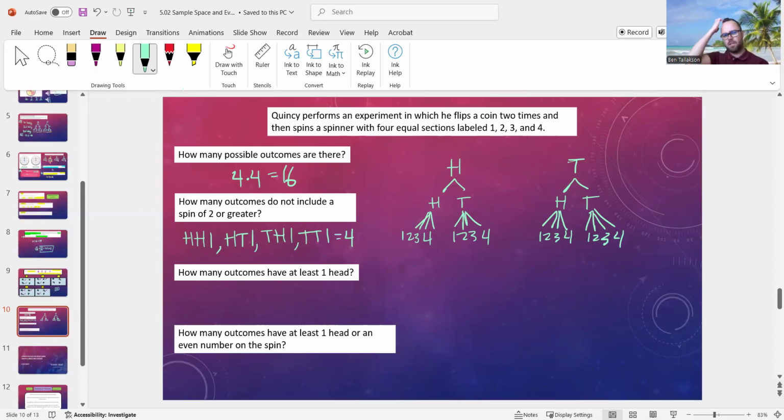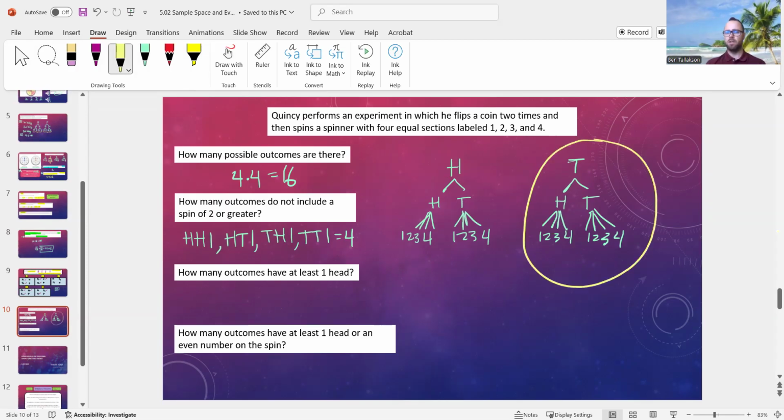How many outcomes have at least one head? I would say a lot of them, right? We know every option here has to have at least one heads because it started with it, right? So we're going to be looking over here, but on this side, there is heads right there.